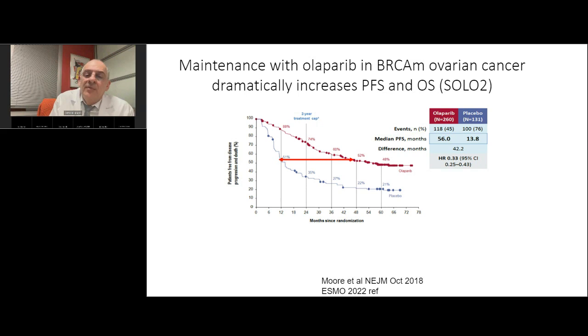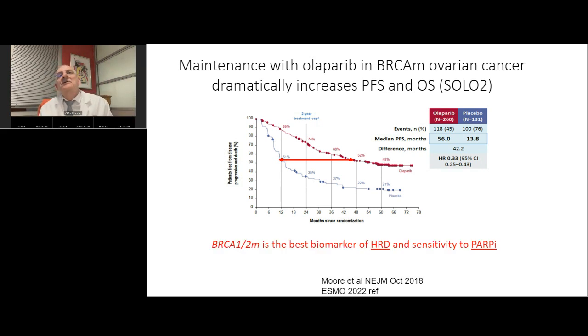In placebo group, the PFS was 13 months. In the olaparib treated group, the PFS was 56 months. So what we can say from this is that BRCA status is crucial, not only to test and to predict sensitivity to PARP inhibitor, but to treat ovarian cancer women.